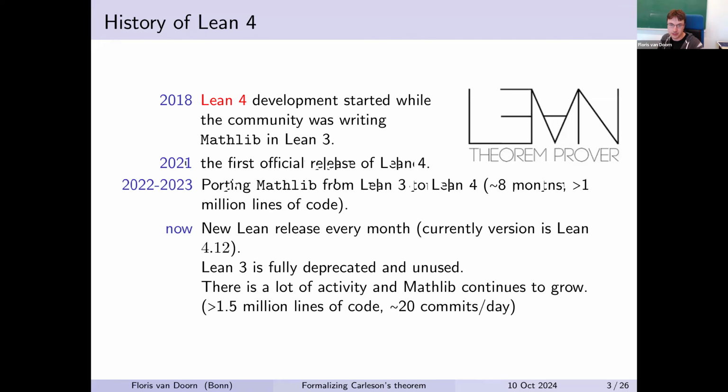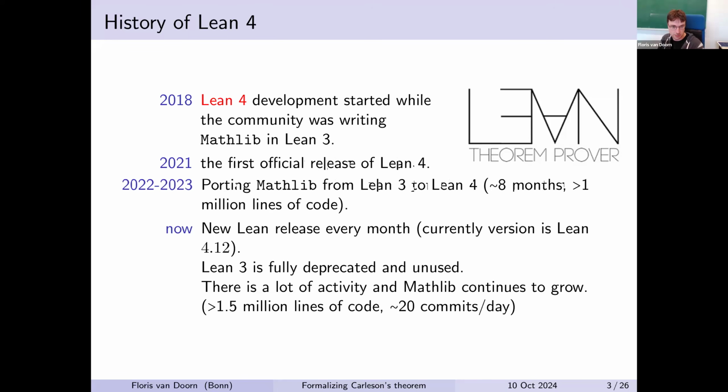It took about 8 months because Mathlib had grown in those 5 years from almost nothing to more than a million lines of code, with mathematics in all kinds of areas. It took 8 months because the syntax is quite different and there are a lot of internal changes. So this was a huge effort.